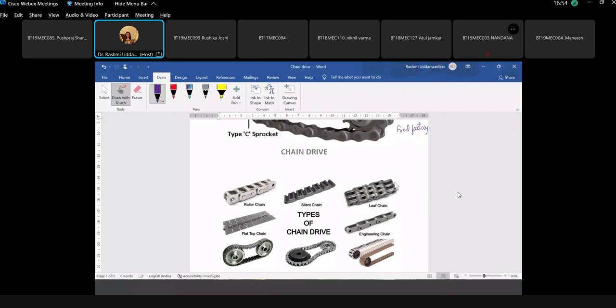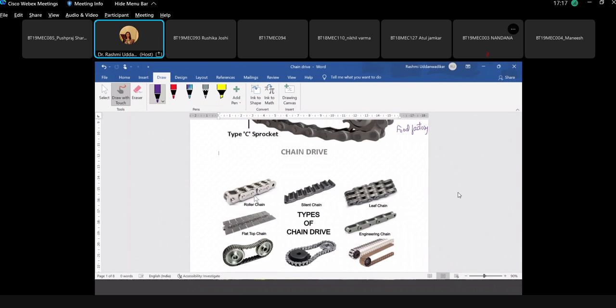Again, modification which makes it a pattern like this, named as leaf chain. For this to work as a conveyor belt, if the top surface is flattened, you call this as a flat top chain. As I said, various modifications. So you see the geometry of the chain is modified like this.